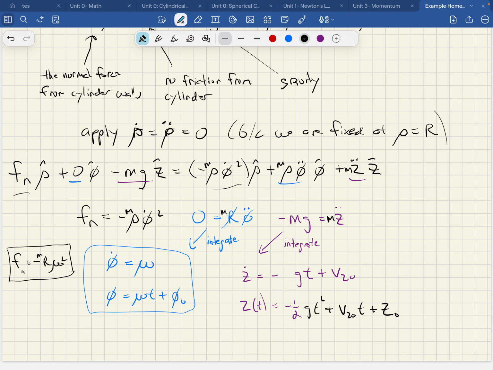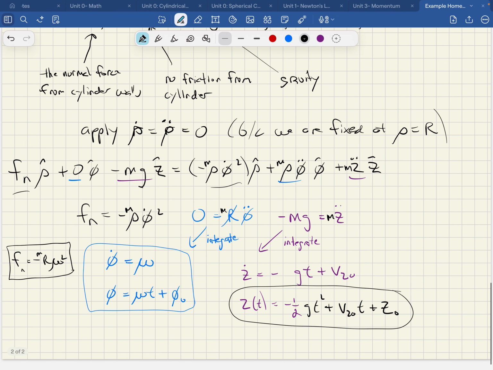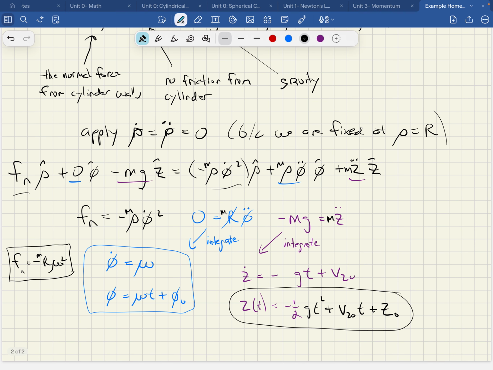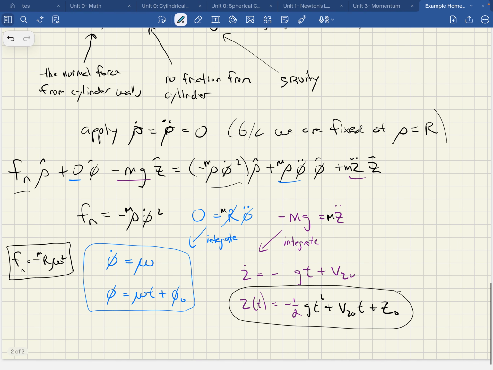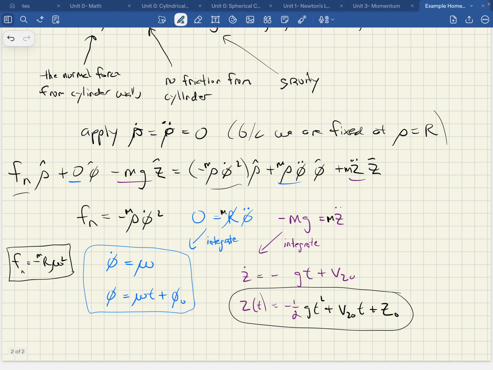So with gravity, the motion of this object is either going to be just straight down, or it's going to spiral around this thing with constant omega and accelerating z.